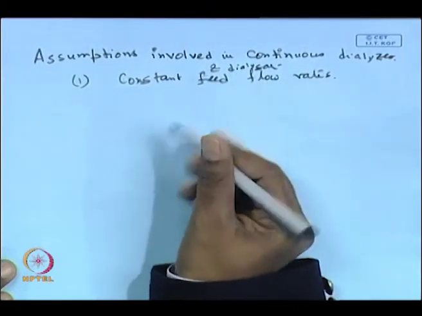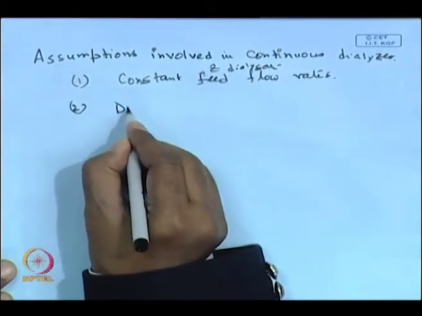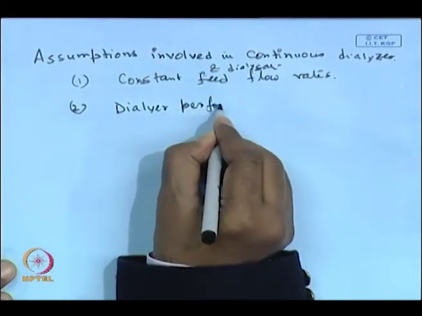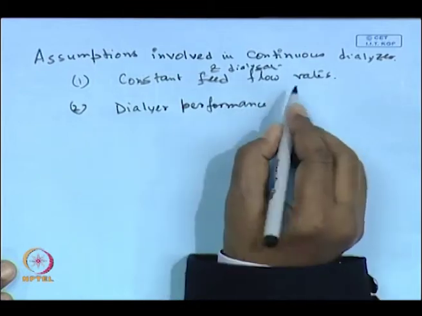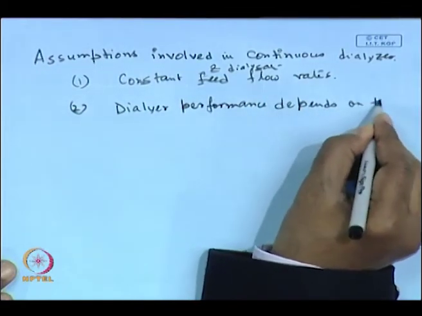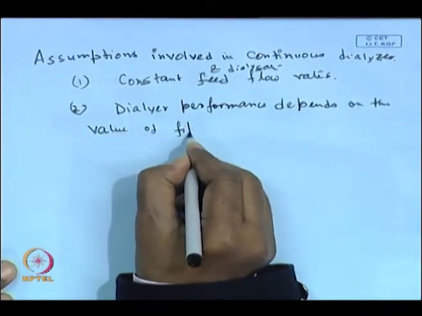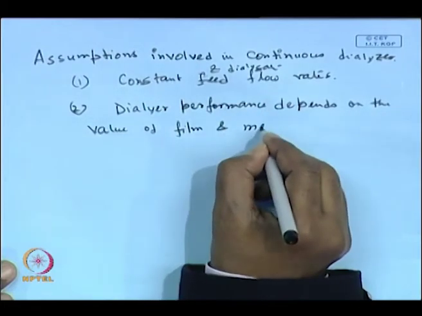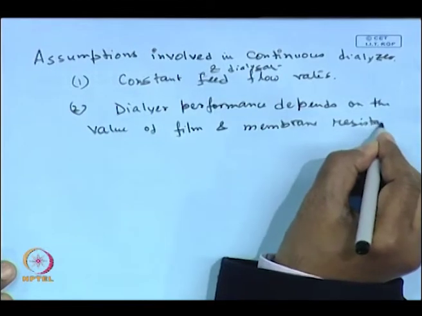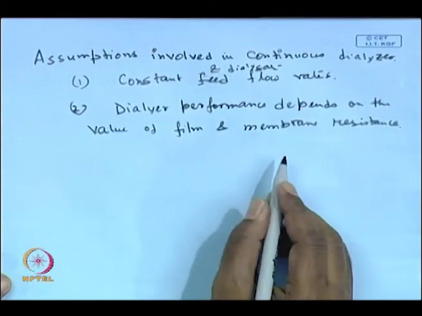That means, at steady state they are not varying with time. Dialyzer performance depends on the value of film and membrane resistance. Of course, you do not have any other driving force or any other thing.